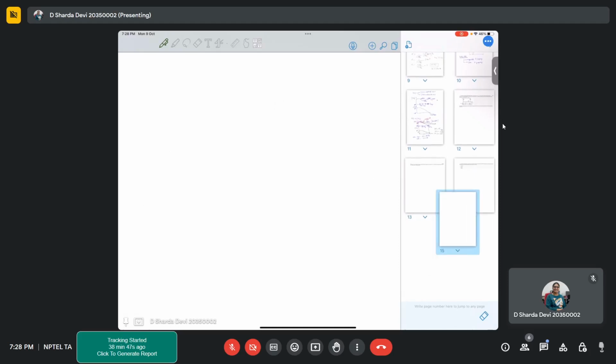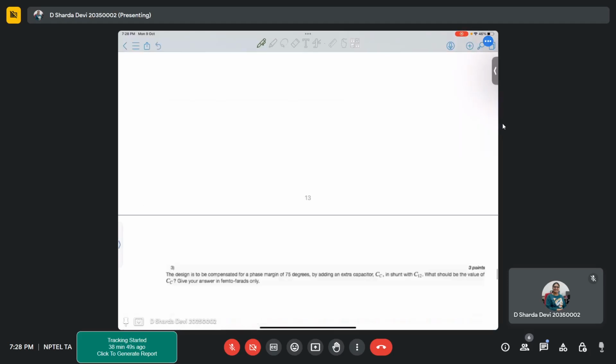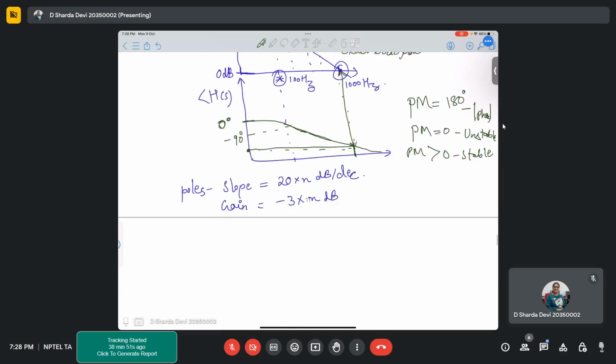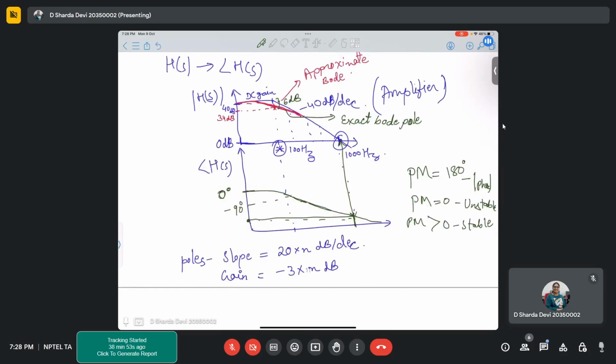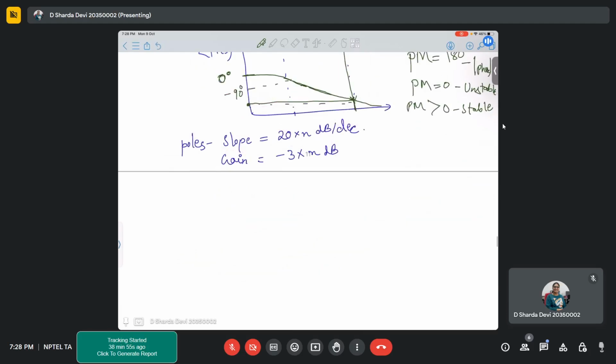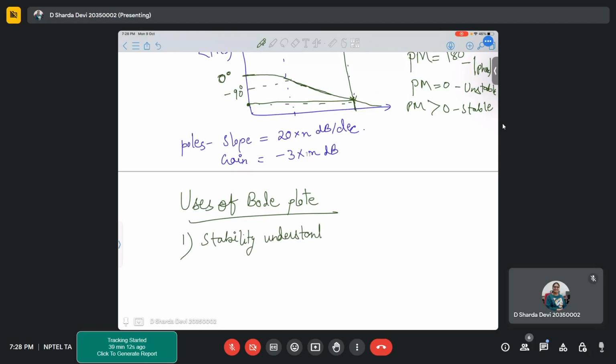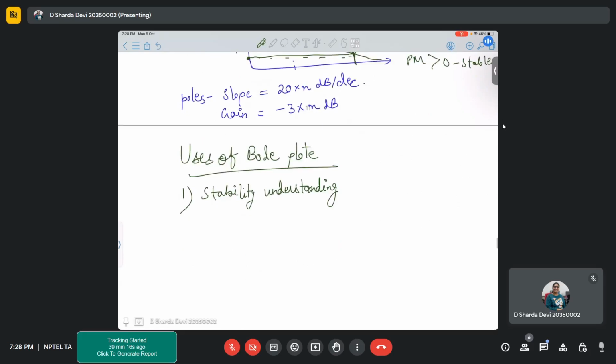So you know that stability can be understood by Bode plot. Now, other uses of Bode plot. The first use of Bode plot is stability understanding.